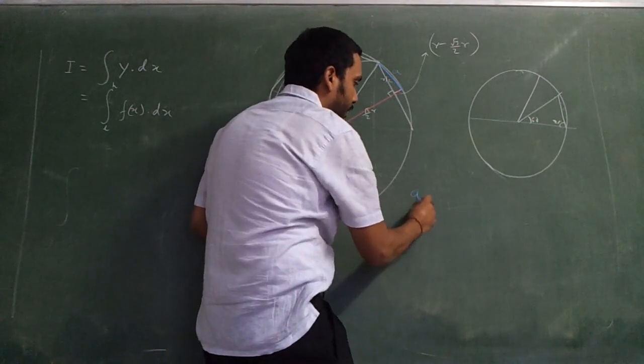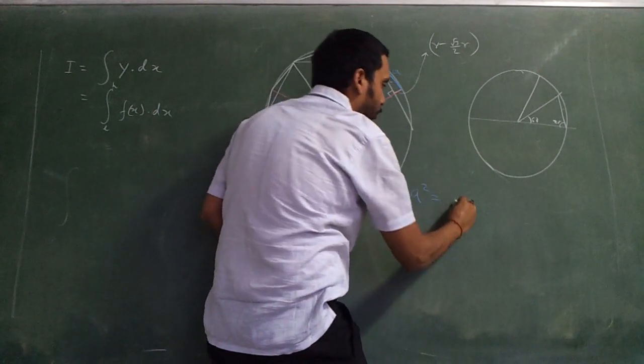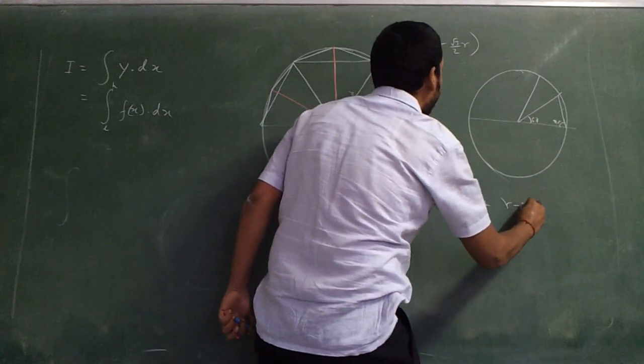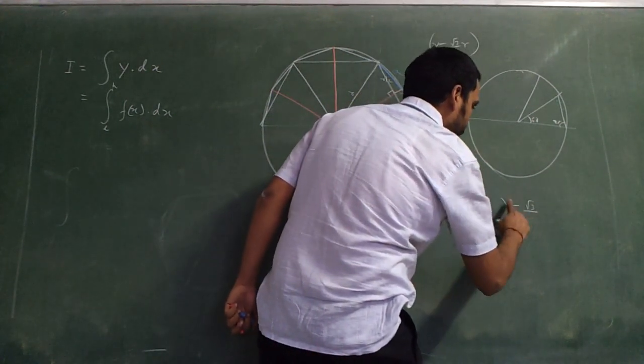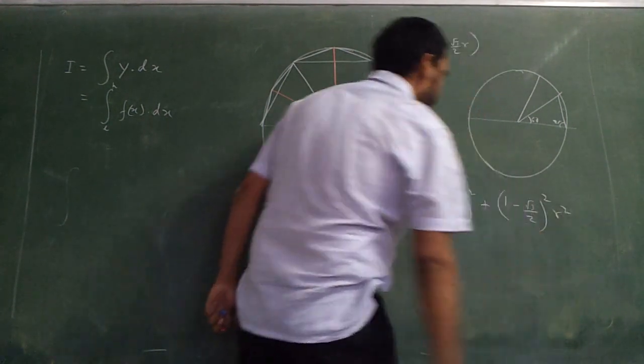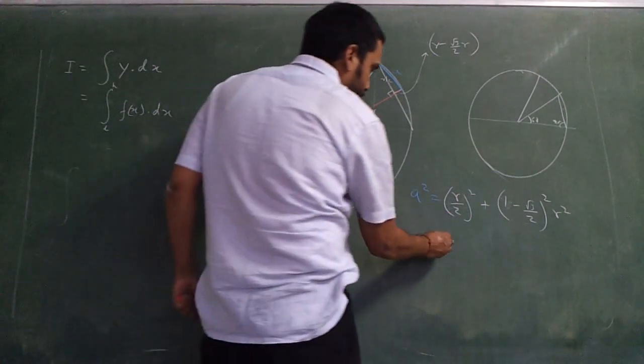A square, the blue length, is equal to (R by 2) whole square plus (R minus root 3 by 2R) whole square. Okay, do the calculation fast. R square by 4 you can take common. So what do you get?